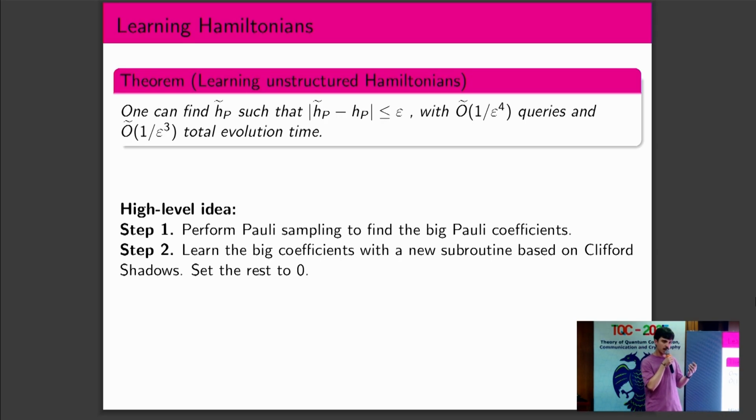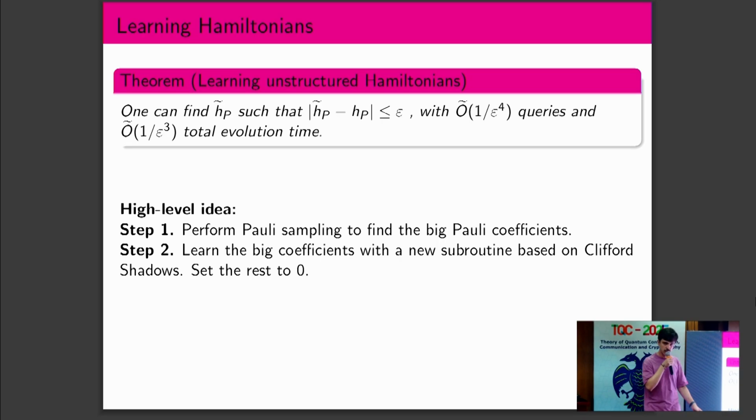If a Pauli coefficient is bigger than epsilon, then with a few samples of this Pauli sampling process, you're going to detect that Pauli coefficient. So if you store them all, you ensure that all the Pauli coefficients that are larger than epsilon are going to be sampled.